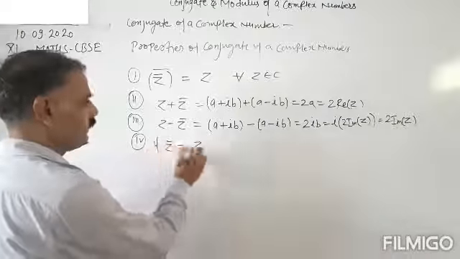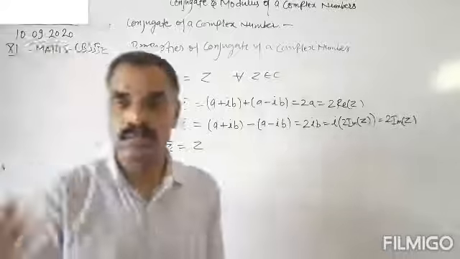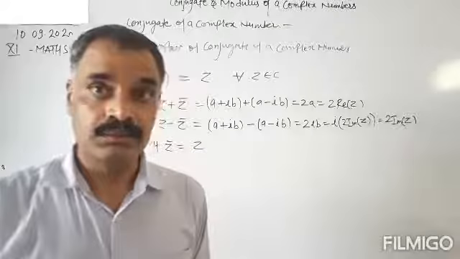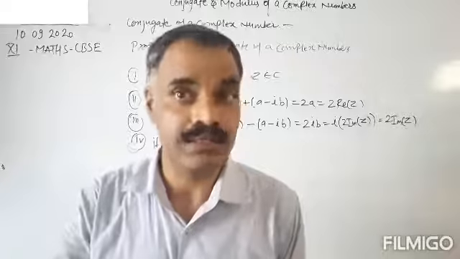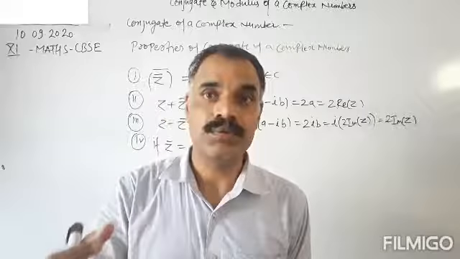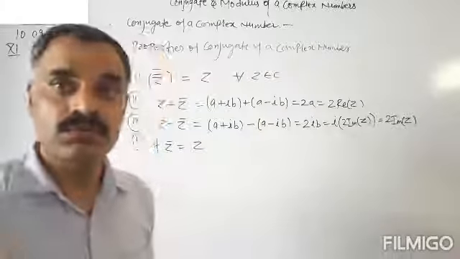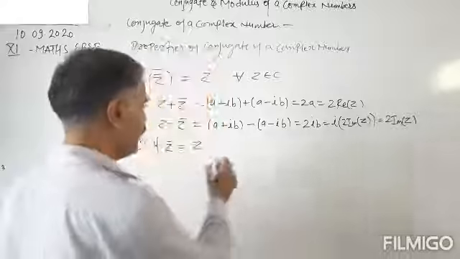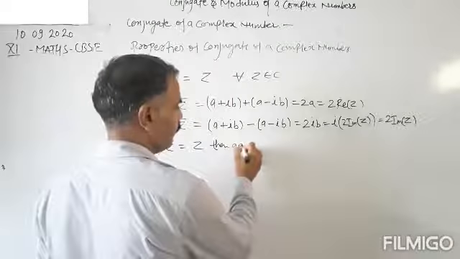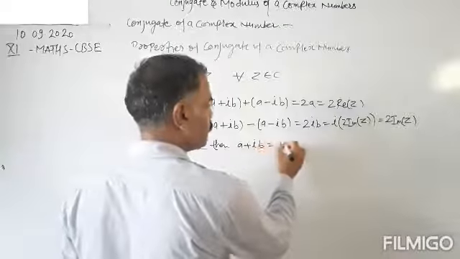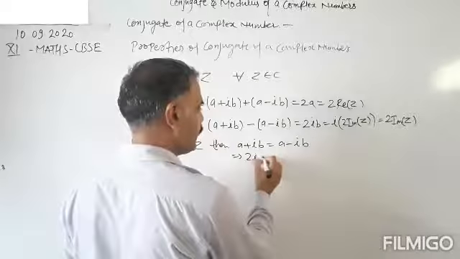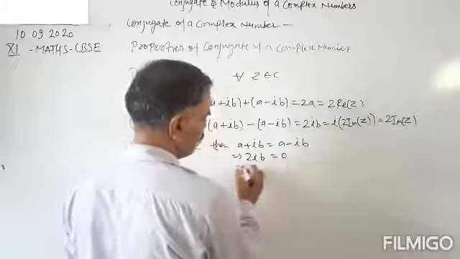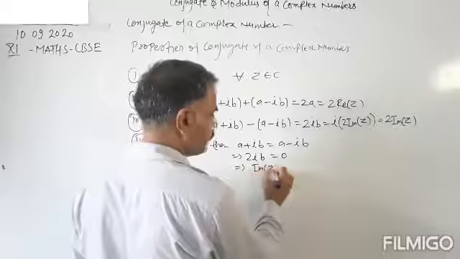If z bar is equal to z, meaning if the conjugate of a complex number is equal to the complex number itself, then a plus iota b is equal to a minus iota b, which implies that 2 iota b is equal to 0, that is, the imaginary part is equal to 0.